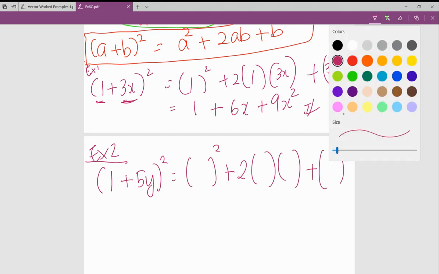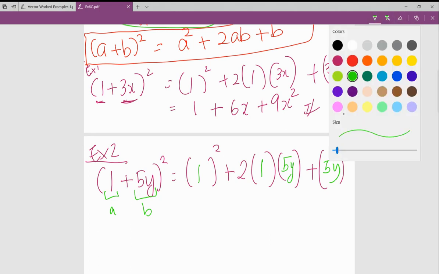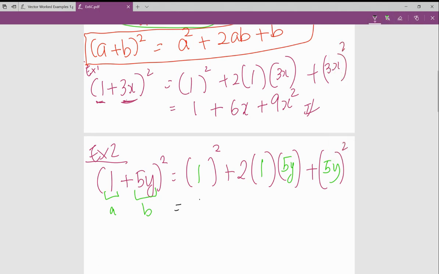This is a, this is a, and this whole thing is b. So I'll just put over here 1. a is 1. Don't put a. You need to put the number back. And 1. And 5y, need to put 5y, 5y. So these two are the a and these two are the b. And then you'll get the answer as 1 plus 10y plus 25y squared. This is a faster expansion. This only works when (a plus b) whole thing is squared.